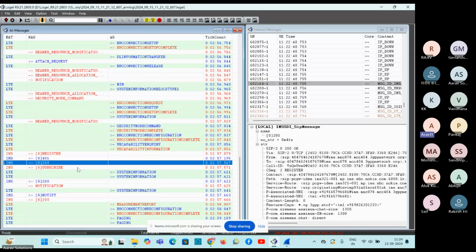First we will teach theoretically how the call flow works, and then we will discuss in the practical session how you can analyze it by Layer 3 in your toolset. Got it?